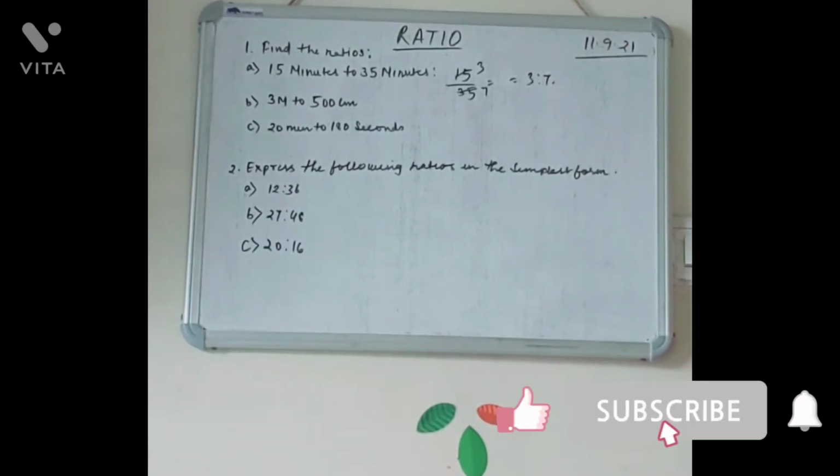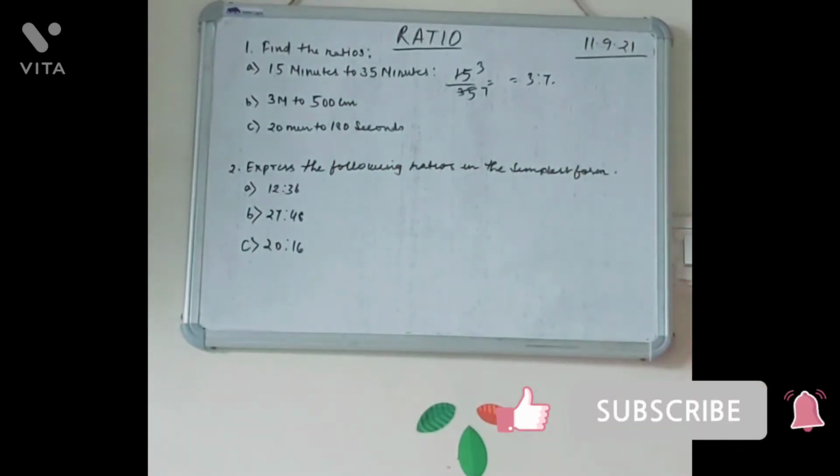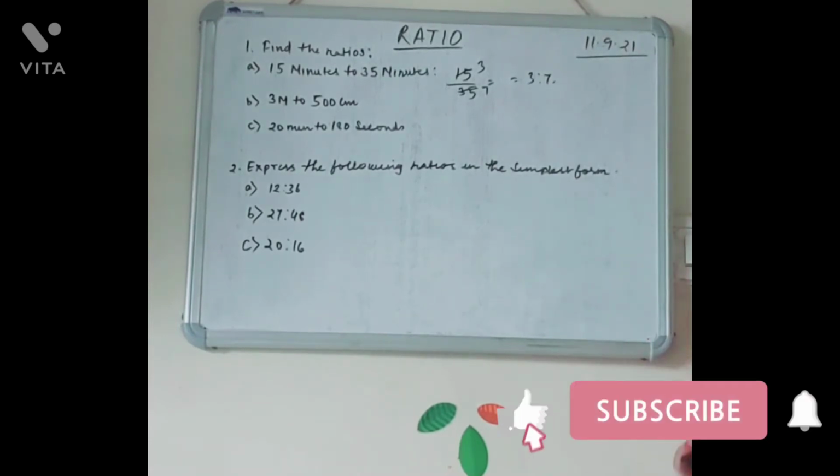Now another is 3 meter to 500 centimeters. As I explained right now, the unit has to be the same. This is meter, this is centimeter, so it can't go together. Either we have to make 3 meter into centimeter, or we have to make centimeter into meters. It's up to you how you want to change.